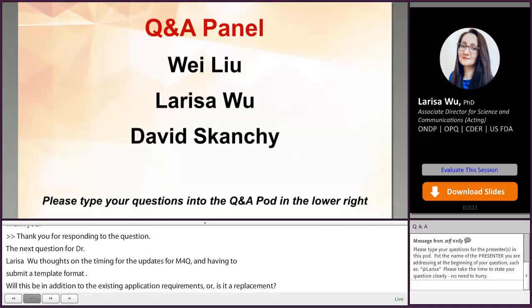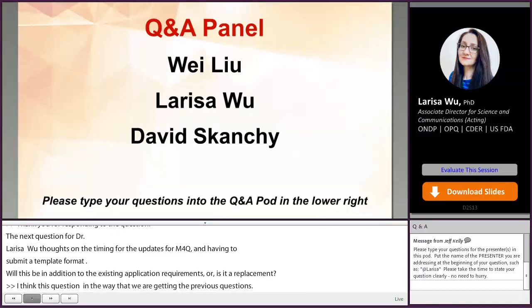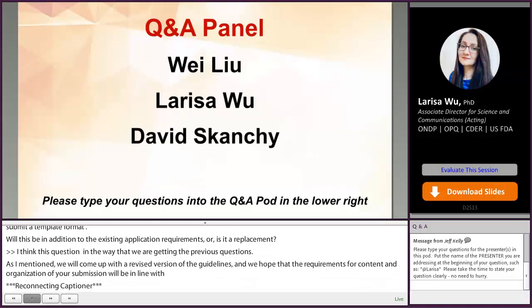As I mentioned, we will come up with a revised version of the ICH M4Q guideline, and we hope that the requirements for content and organization of your submission will be in line with CASA, to ensure that the KA, or the knowledge aided assessment portion of the CASA project, is done efficiently in FDA, and we achieve higher efficiency of our review, and also knowledge management down the road.